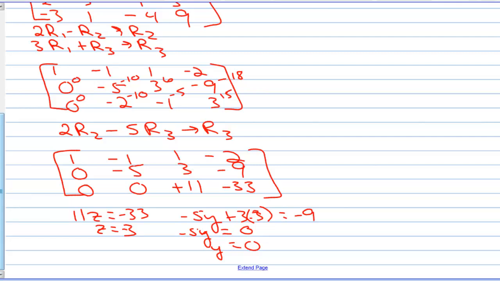And then at the top row, we have x plus y, plus negative 3 equals negative 2. So x equals 1. So 1, 0, negative 3. Remember that y is 0, so on that last step over there, we don't have a y value as well. It's 0.